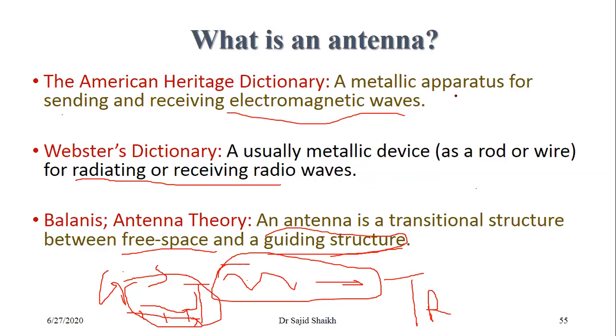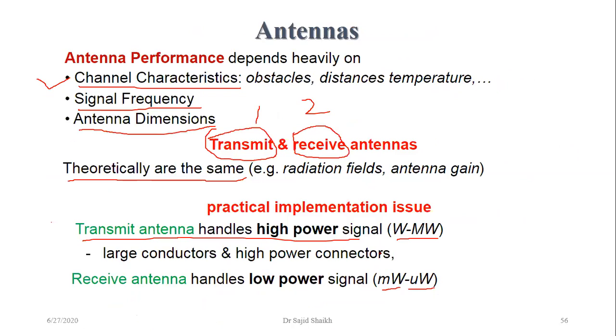The antenna is a metallic aperture for sending and receiving electromagnetic waves, or a device to radiate or receive energy, or a transitional structure between free space and a guided structure. Then the main types are the transmitter antenna and the receiver antenna. The transmitter antenna has high power compared to the receiver antenna.